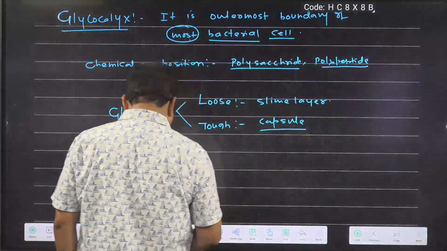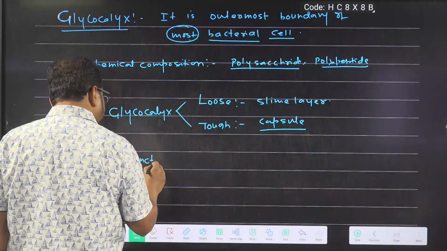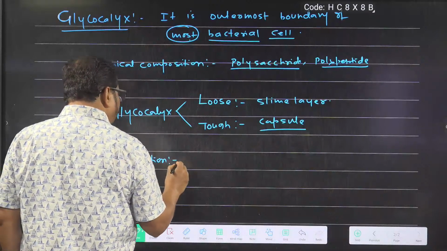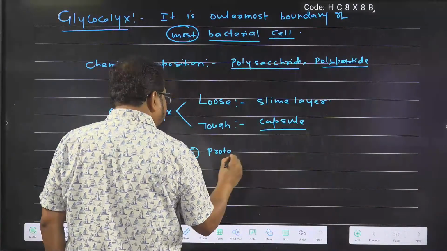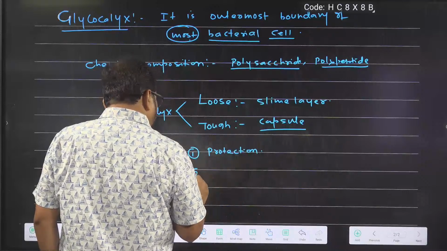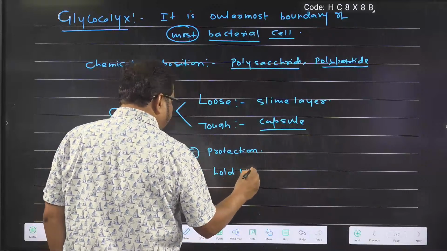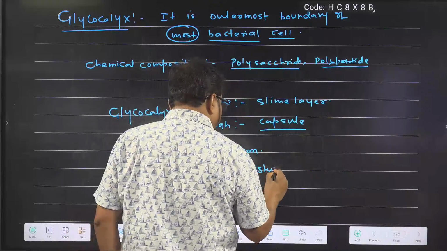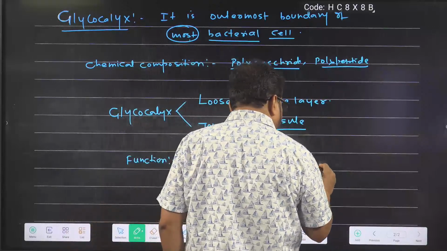Now we are going to talk about function. If it is a boundary layer, the first function is protection. Second function is to hold moisture and prevent bacteria from getting dry.